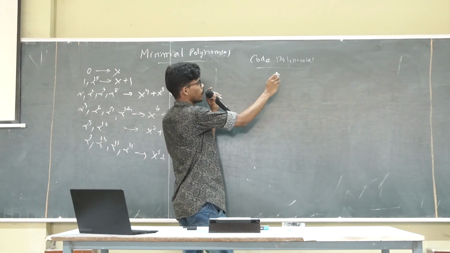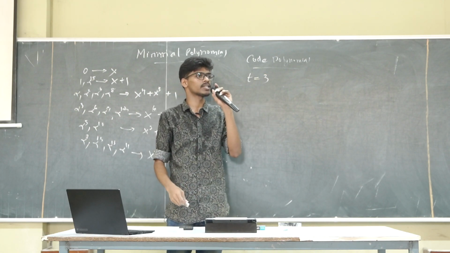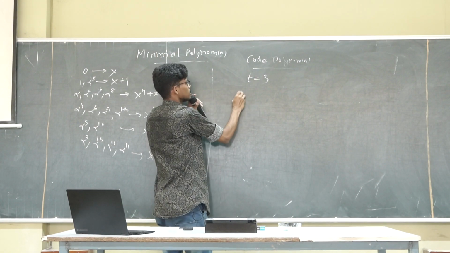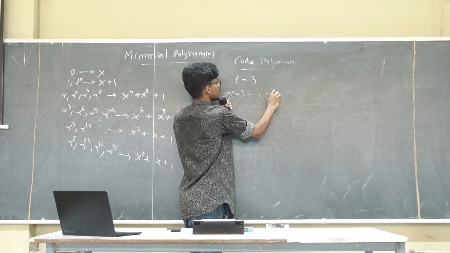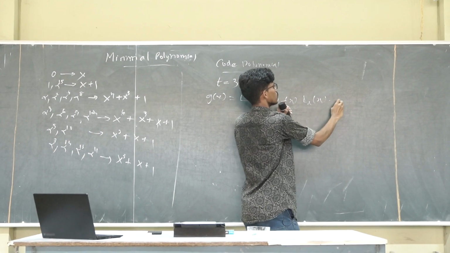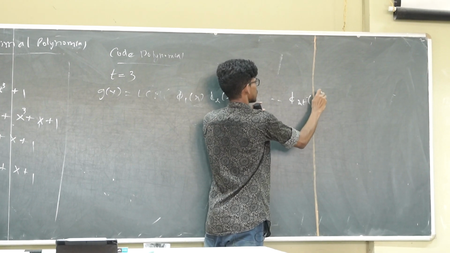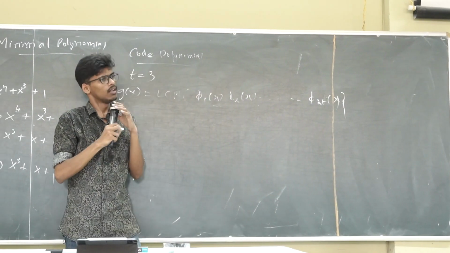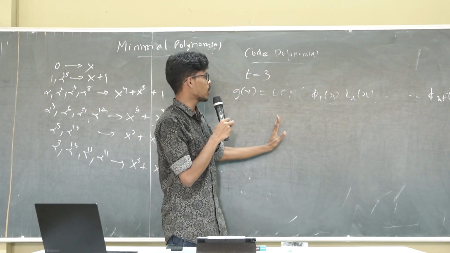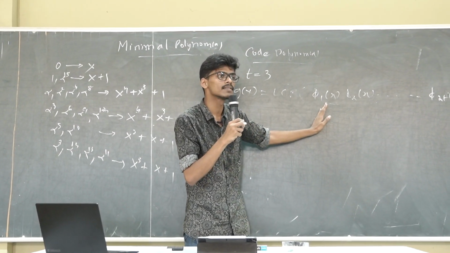And for the code polynomial, if t is given as a 3-bit correcting code, listen here everyone. If it is a 3-bit correcting code, g of x is defined as LCM of phi 1 of x, phi 2 of x, goes up to phi of 2t of x. Is it clear? Proof is not required. Its code polynomial is LCM of, everyone listen here, what is phi 1 of x?